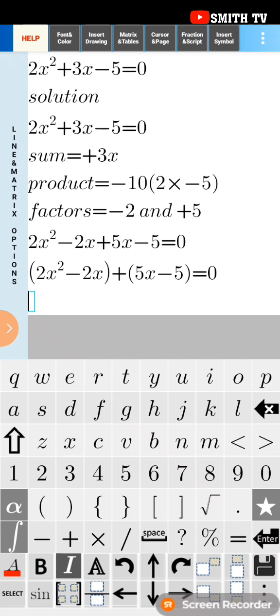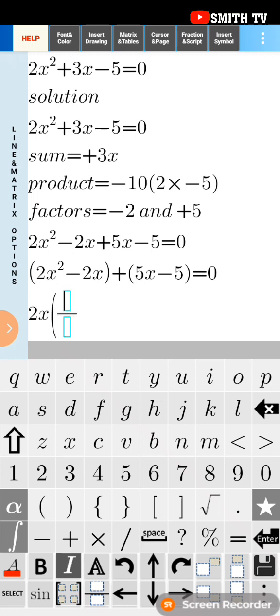For the first bracket, what is common? What I can see common in the first bracket is 2x. So I write 2x outside the bracket, then divide what is inside the bracket by the common factor 2x.